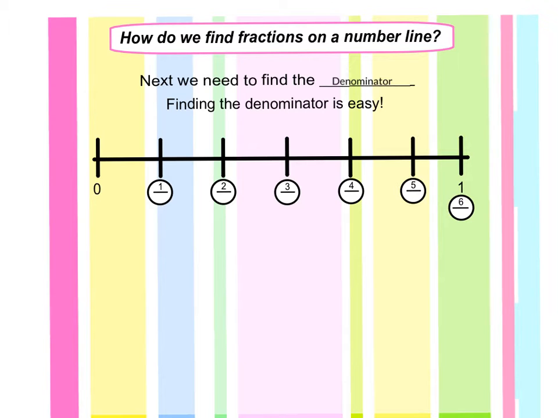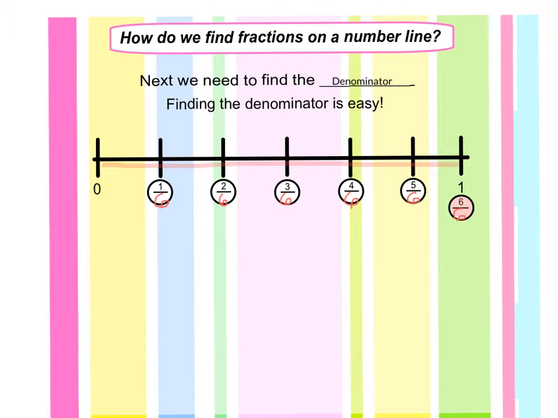If I were to imagine this as one whole from 0 to 1, I've split it equally into 6 total parts. Knowing that, then my denominator becomes 6 all the way across the board. So 1/6, 2/6, 3/6, 4/6, 5/6, and 6/6.